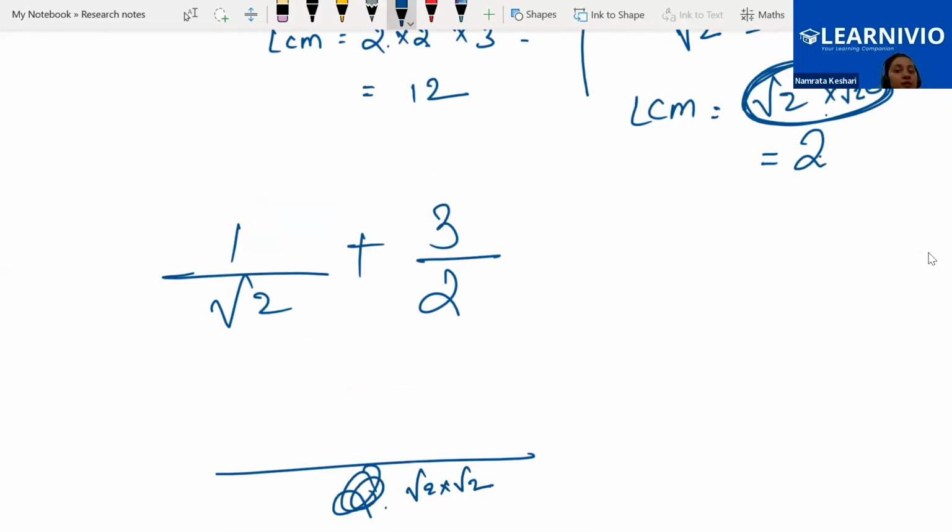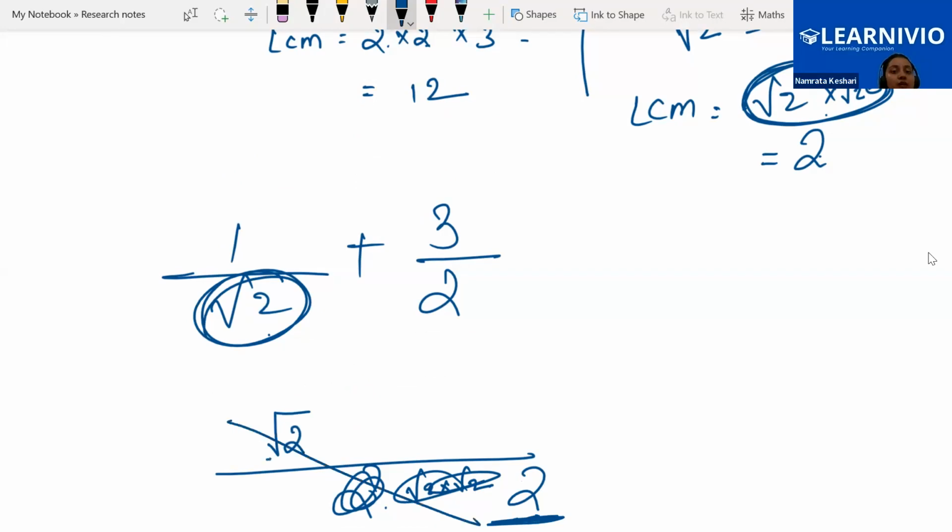Or if you understand by writing only 2, write it that way. But when you are writing only 2, you have to be specific that one root 2 is there, one is missing, so that you need to multiply in the numerator. If you are writing only 2, you have to be careful with the numerator. Otherwise, write the LCM as root 2 into root 2. You will never ever make a mistake.